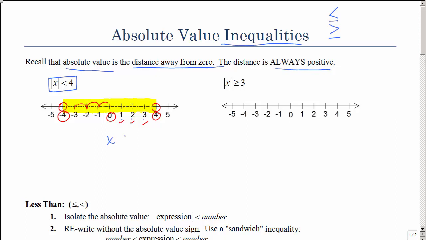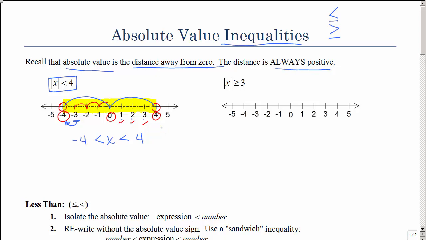Well, x is going to be less than 4, that's all of those numbers, but you kind of have to read it backwards, x is greater than negative 4. That's all of those numbers. Negative 3 is greater than negative 4. Anything to the right on a number line is greater than. So this is what we call a sandwich inequality.